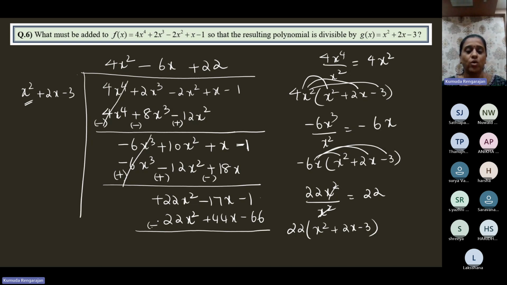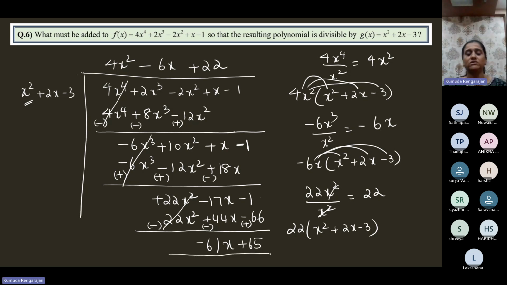Change the signs of all the terms in the bottom row. 22x squared cancels. Minus 44 minus 17 is minus 61x, and plus 66 minus 1 is plus 65.